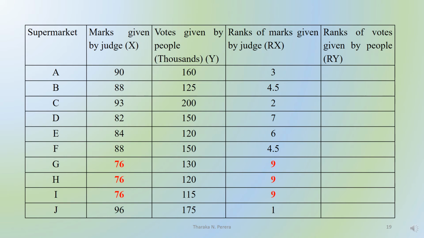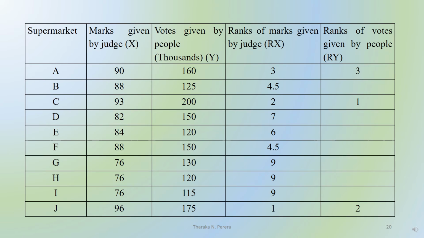Then we have to rank the variable y, which indicates votes of people. I put the ranks 1, 2 and 3 against the highest values.